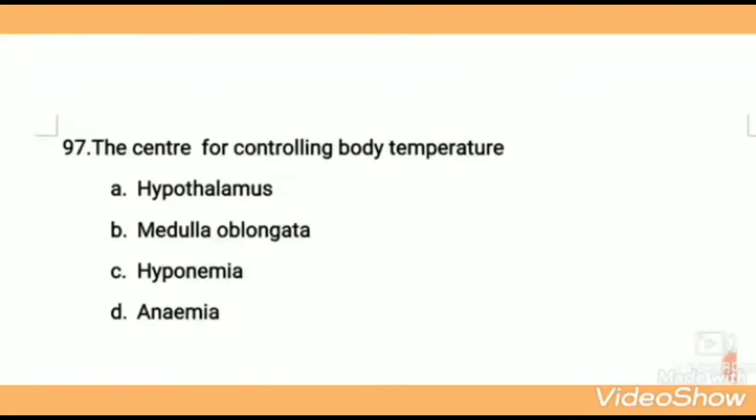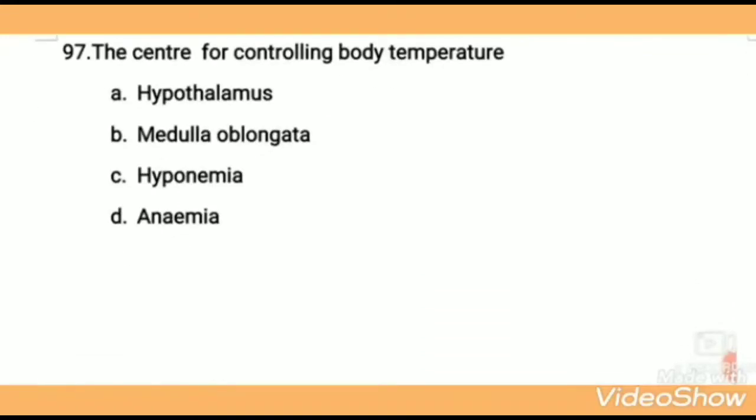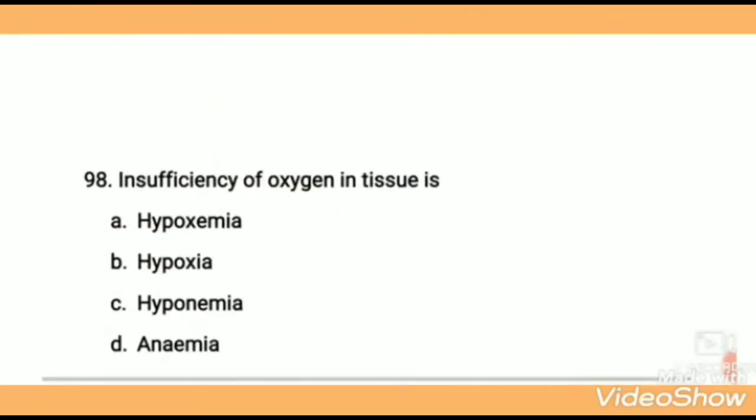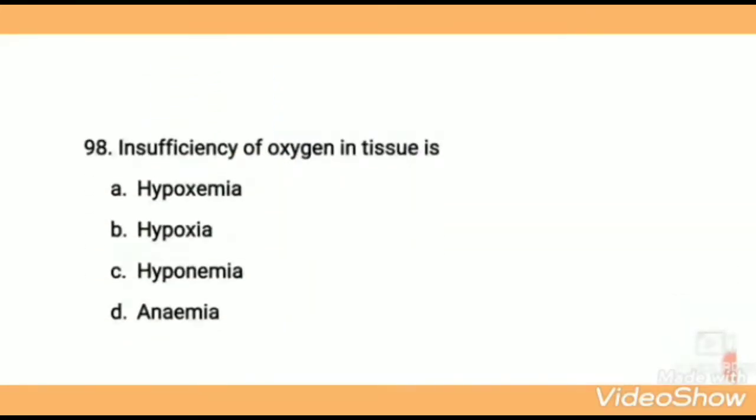The center for controlling body temperature is hypothalamus, medulla oblongata, hyponemia, or anemia. The correct answer, the center for controlling body temperature is hypothalamus. Next question. Insufficiency of oxygen in tissue is hypoxemia, hypoxia, hyponemia, or anemia.